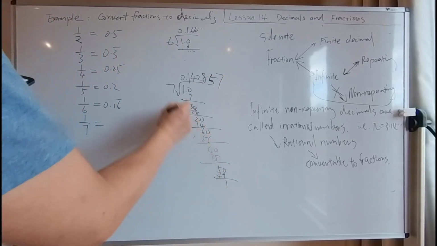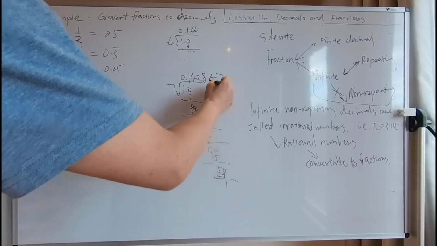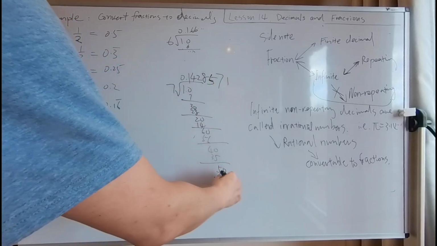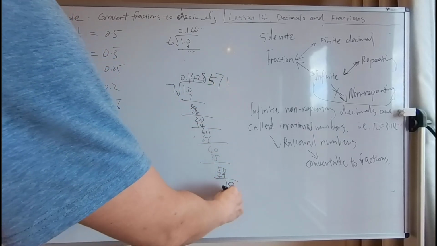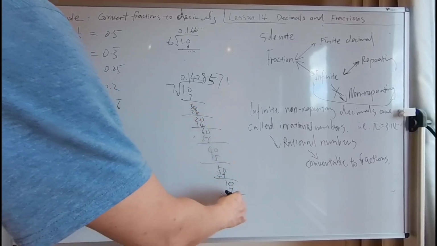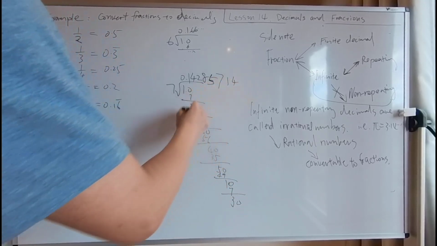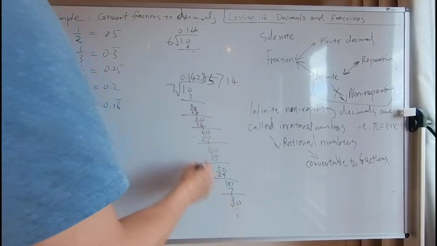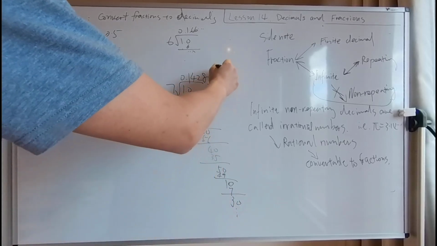Now I see the number 1, right? So if I keep having a 1, I start repeating with 3. And I can keep having 4, and we'll get the same results.